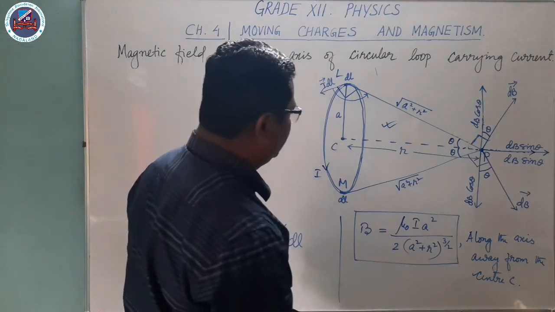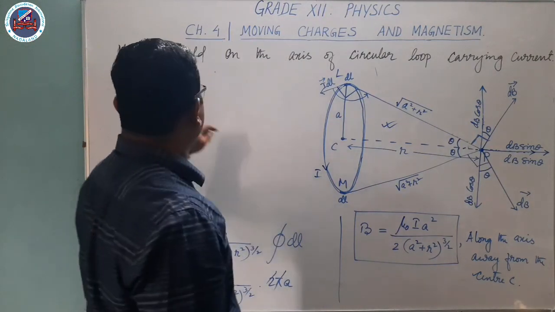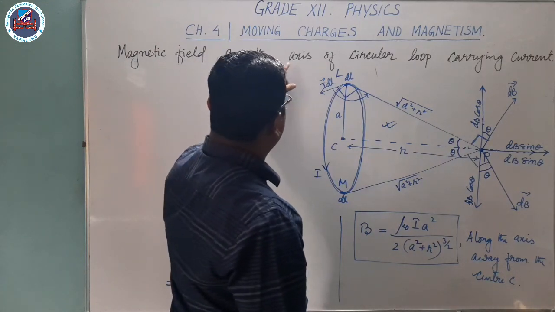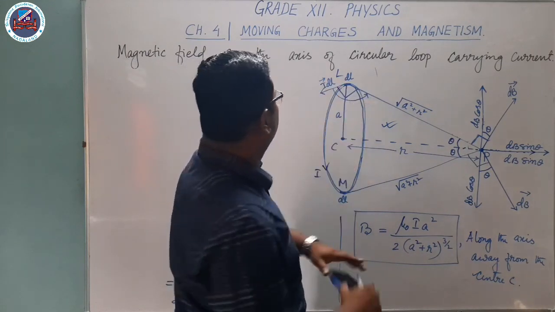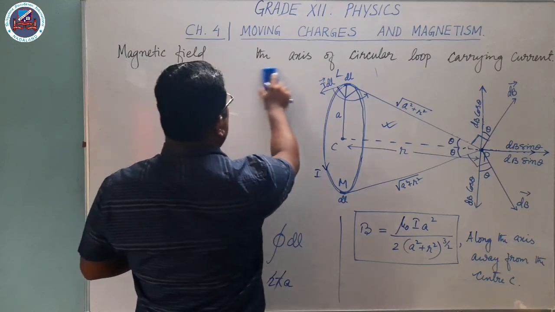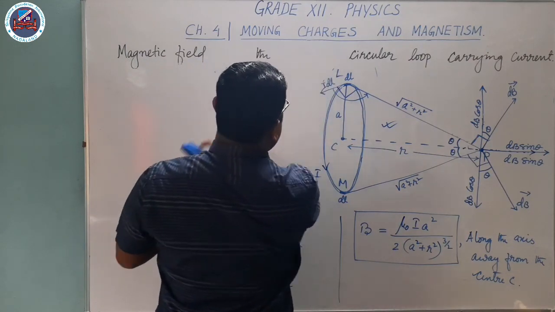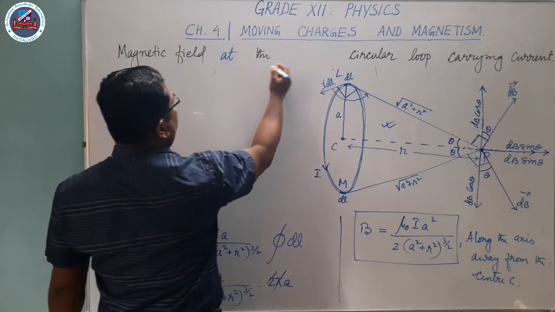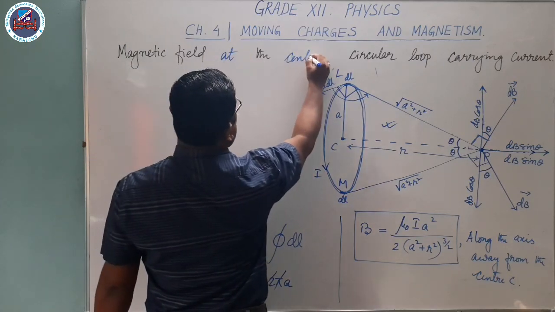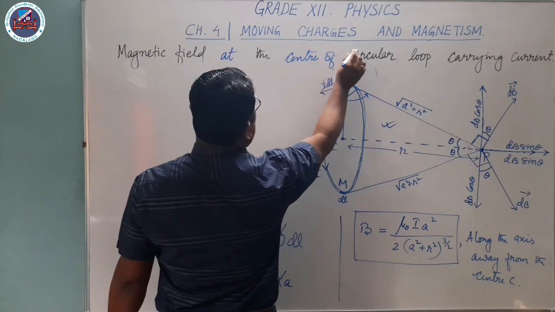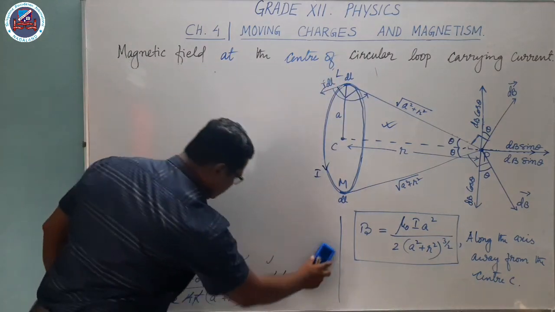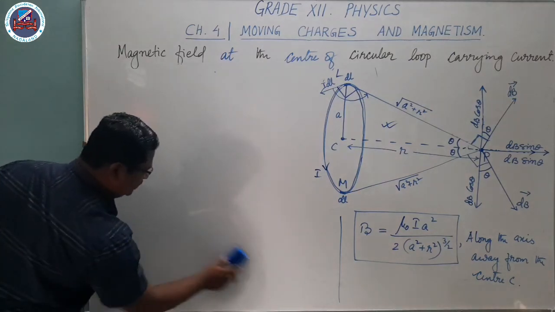Let us see the other case, the second case. Magnetic field at the center of the circular loop carrying current. At the center of circular loop carrying current, then in that case, what will be your expression?